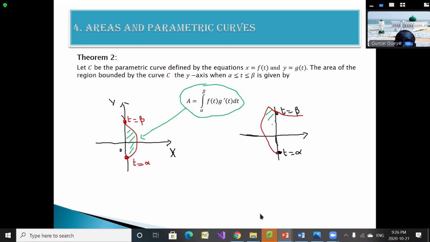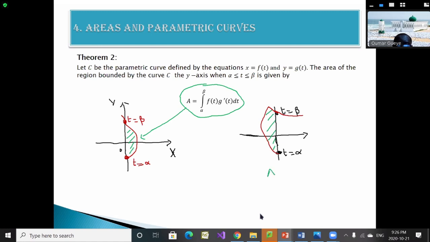As you can see, in this case, the area is on the left of y, and on the left of y, x is negative. So it means in this case, if you apply this formula, you will get a negative number. That's why you have to add a negative sign.